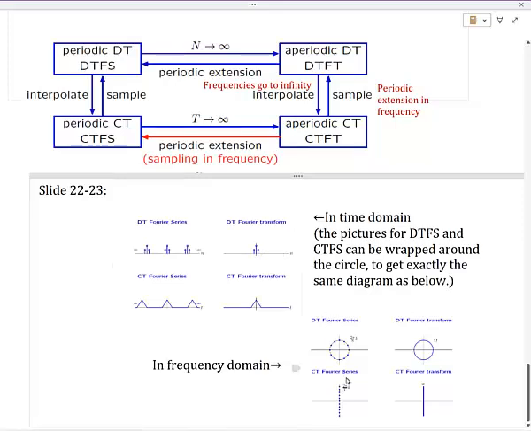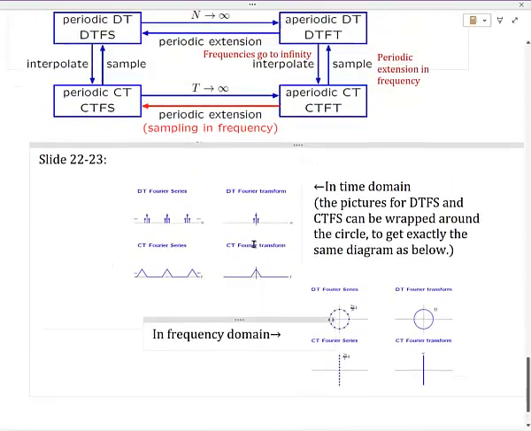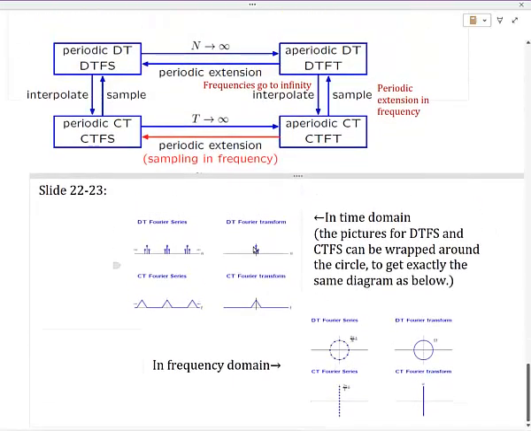This here is discrete with infinite extent. This one here is continuous periodic. This one here is continuous periodic. So the fact that he wraps this around a circle is just convention. Really, this is exactly the same as what you have up here, and this is exactly the same as this. This is exactly the same as this. Because there's this symmetry between time and frequency.